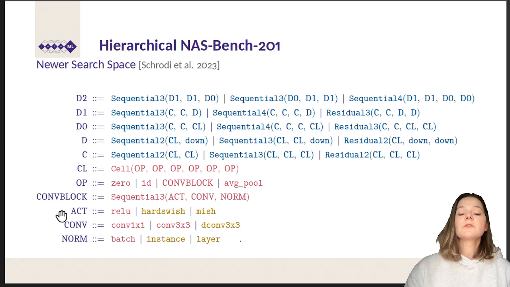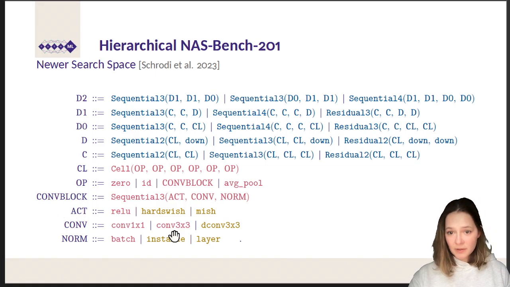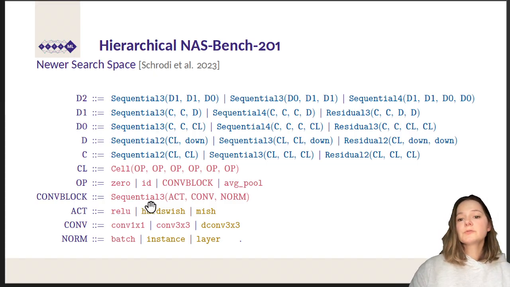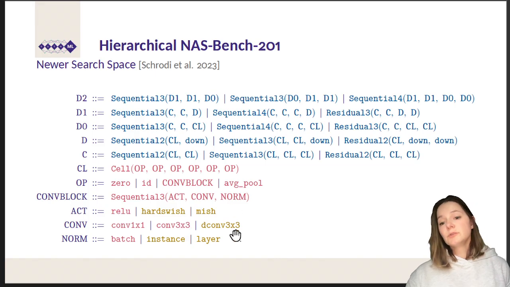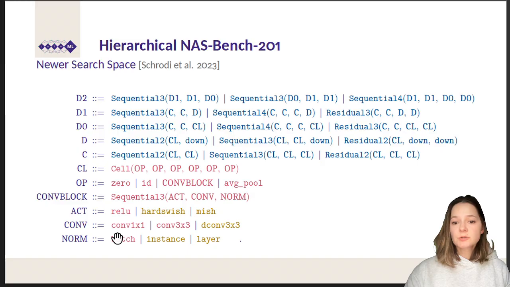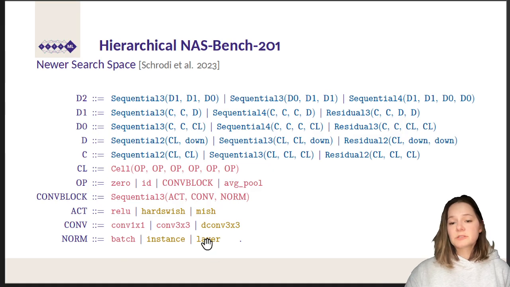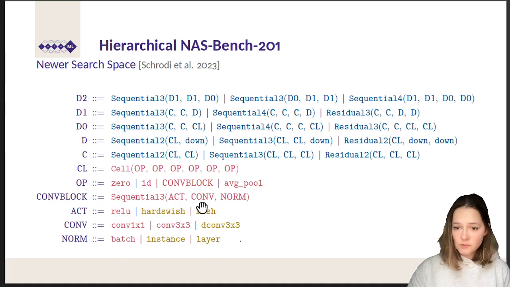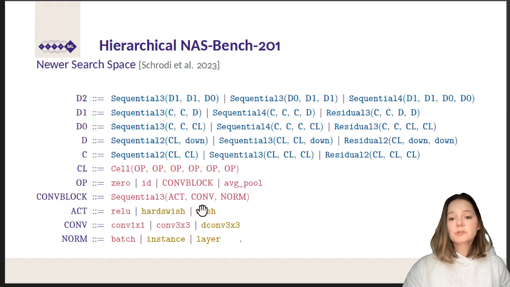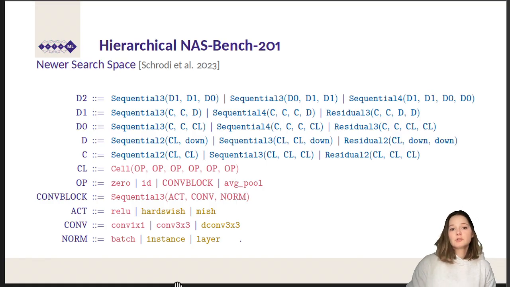And here the question of allowing to parameterize the convolution block: we have an activation, we can search for the convolution type, ranging from 1x1 convolution to a 3x3 convolution, or a dilated convolution, and what kind of normalization we want to use. A batch normalization, which we do in the original NASBench 201 paper, or, for example, a layer norm. And also allowing for different activation functions. So everything which is yellow is new in this hierarchical NASBench 201.